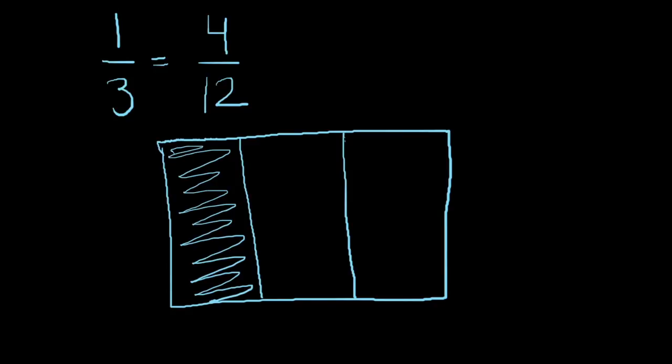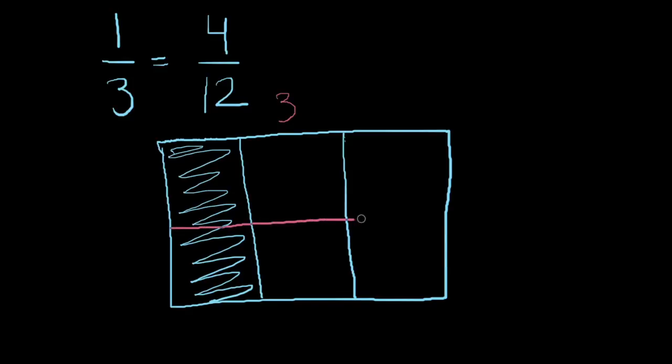And the next step, to show this as an area model to show that 1/3 is equal to 4/12, I want to think in my mind, if I have 3 on this side of my area model, how many equal parts would I need to have on this side in order to get 12 boxes in this entire area model? And since I know my multiplication facts, I know that 3 times 4 would give me 12.